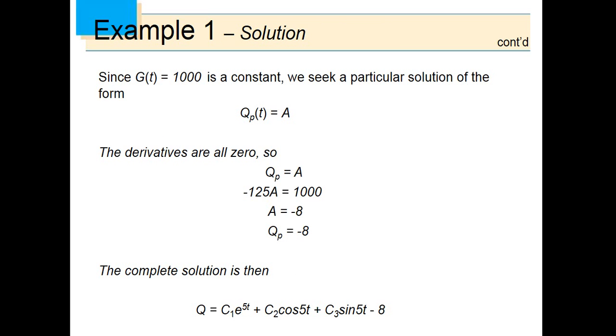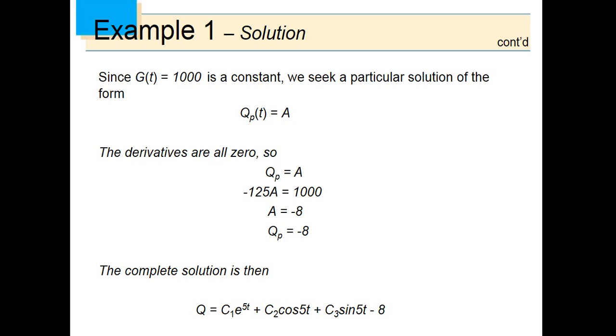So when we write the form of the particular solution here, your particular solution is a function of t. That is why it's written as q sub p of t. Now, since it's a constant, we will represent it by an arbitrary constant a, which we will later on determine.